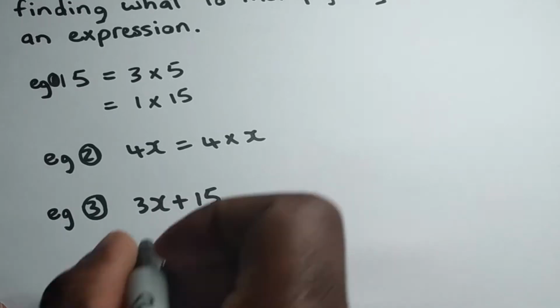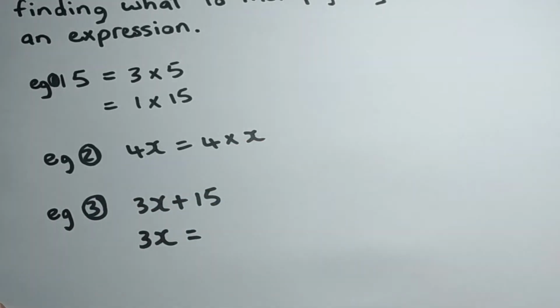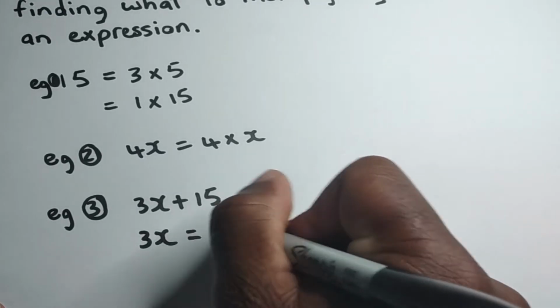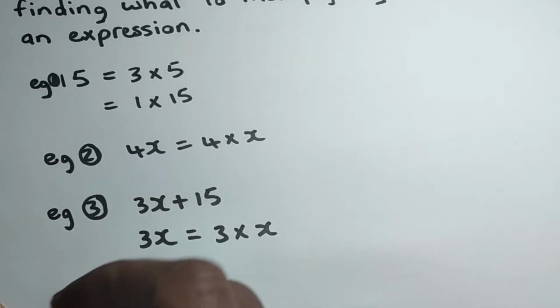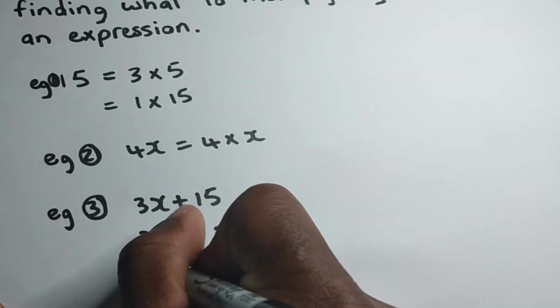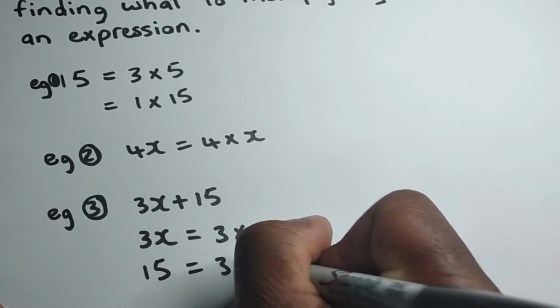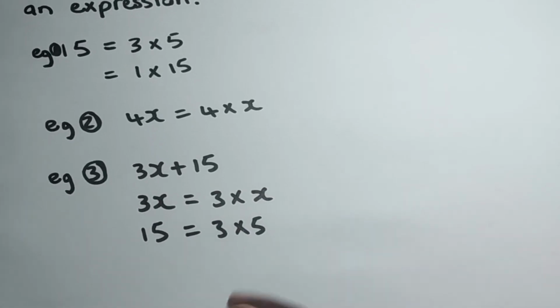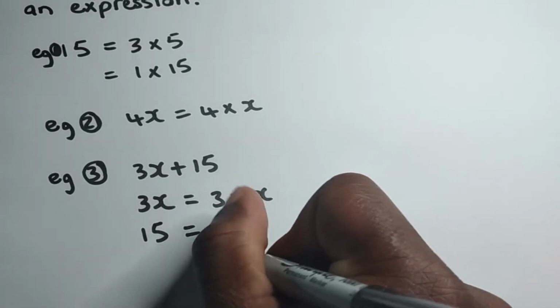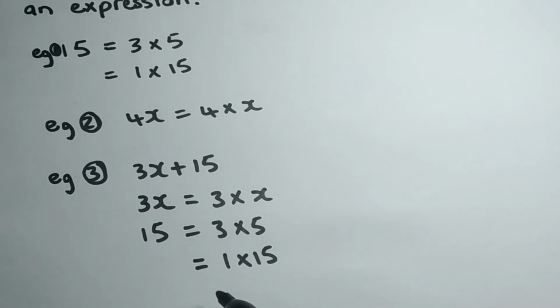So what are the factors of 3x? The factors of 3x would have been 3 times x. How about 15? Factors of 15, we can multiply 3 times 5. That gives us 15. We can also multiply 1 times 15, and that also gives us 15.